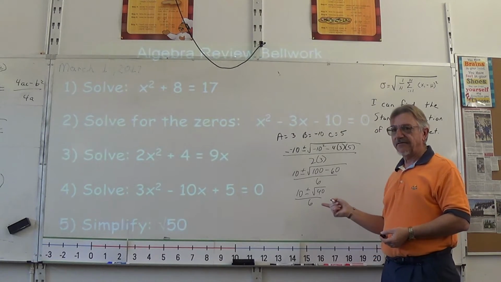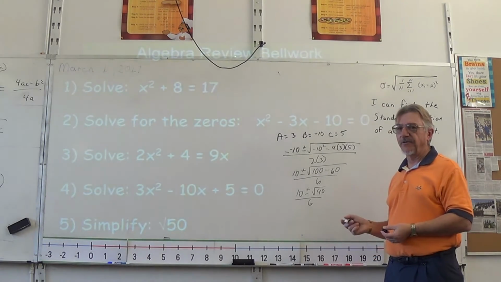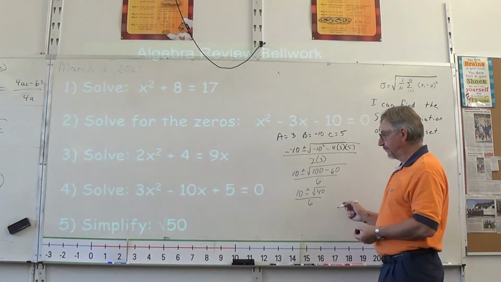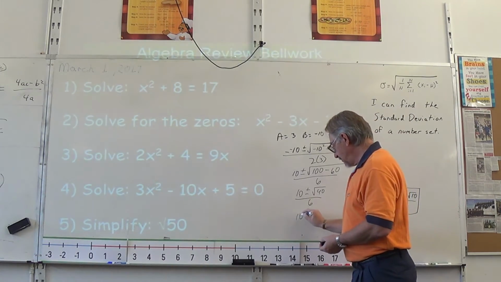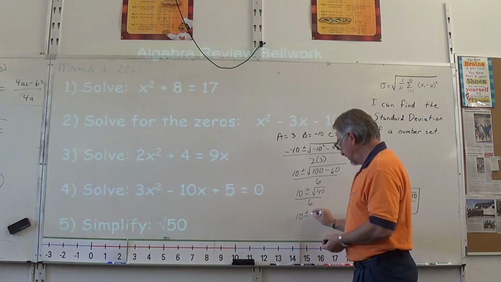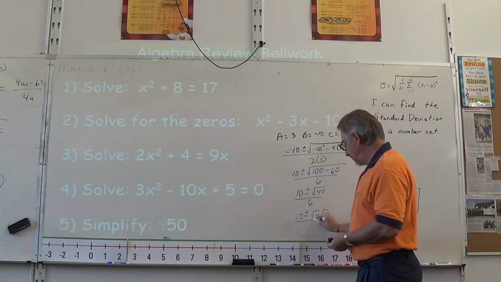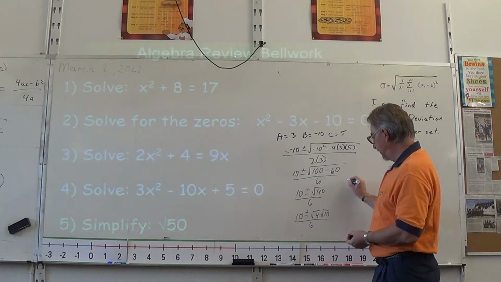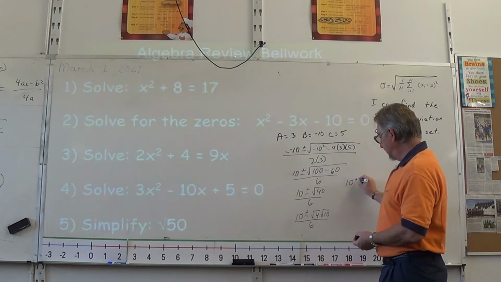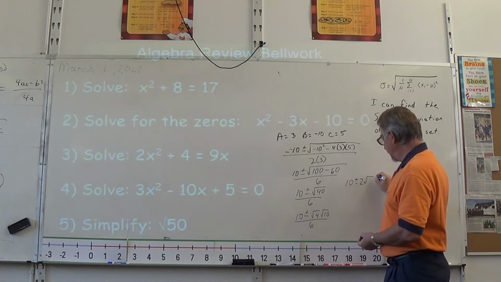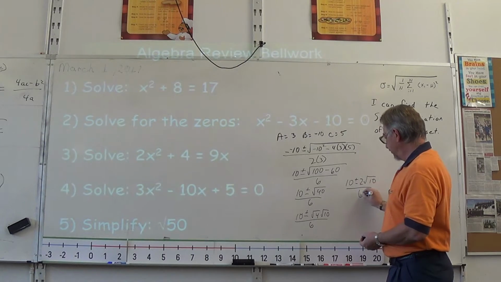Can I stop there? No, because the square root of 40 is reducible. It reduces to 10 plus or minus the square root of 4 times the square root of 10, over 6, which is 10 plus or minus 2 square root of 10 over 6.